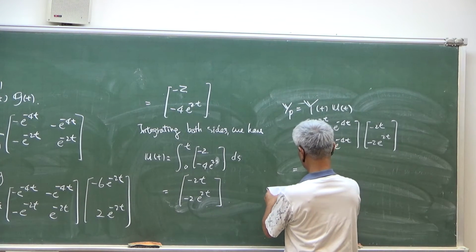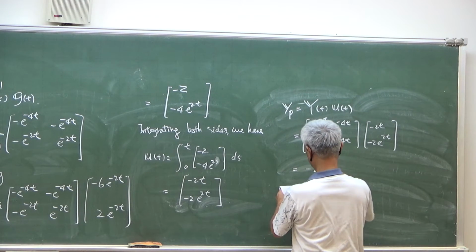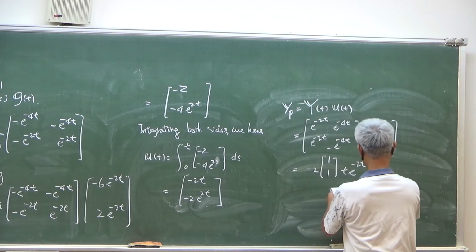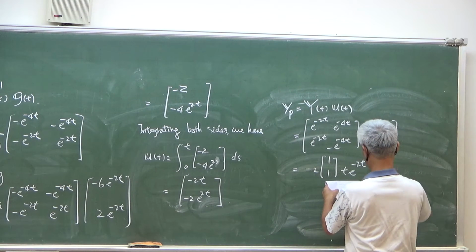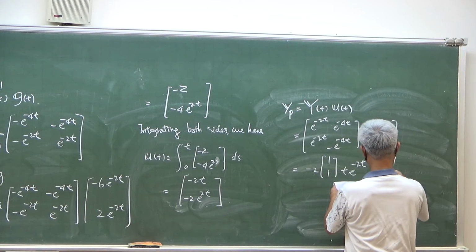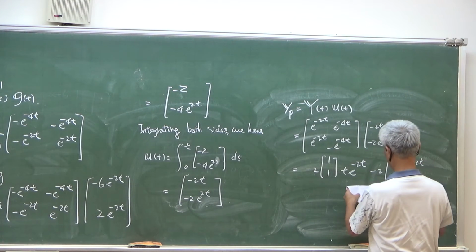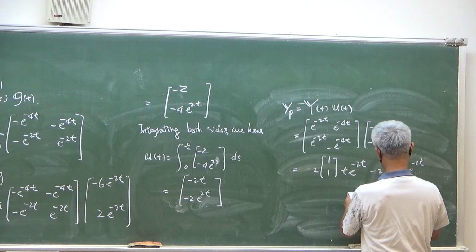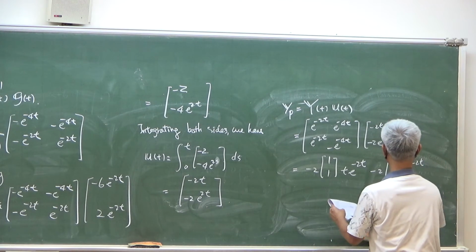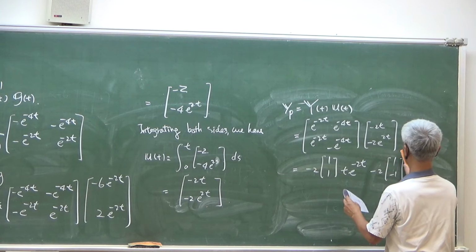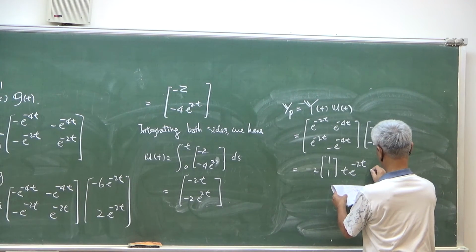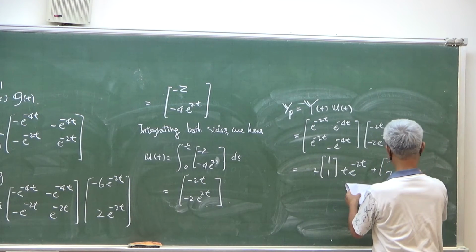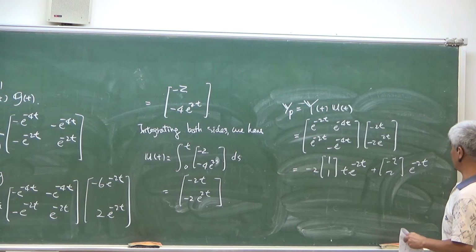So finally, you have minus 2 and 1 plus, so maybe I write this way. Okay. So this is the particular solution.